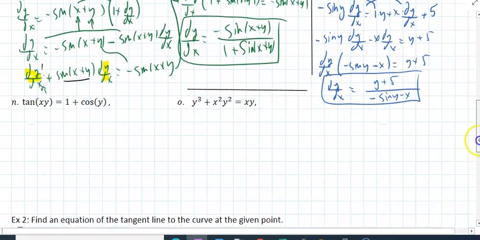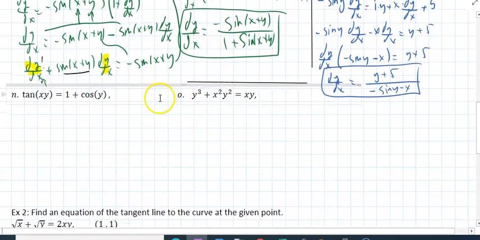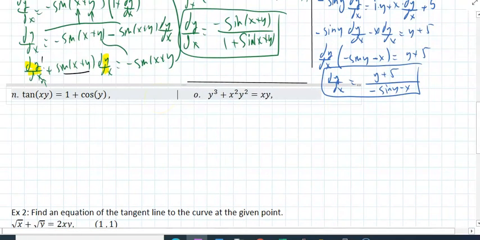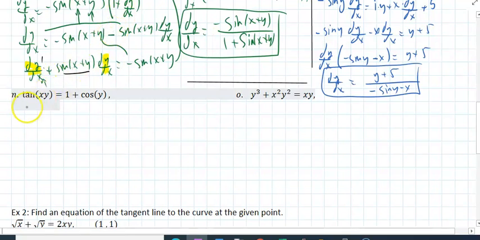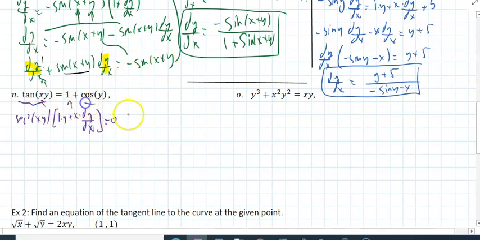And a couple more to go. Actually, I have 3 more problems to go. So if I start with the first problem, and I'm trying to match what you do in the homework, derivative of tangent is secant squared of xy times the product rule. Derivative of the first times the second plus the first times the derivative of the second. Derivative of 1 is 0. Derivative of cosine is negative the sine of y dy/dx.